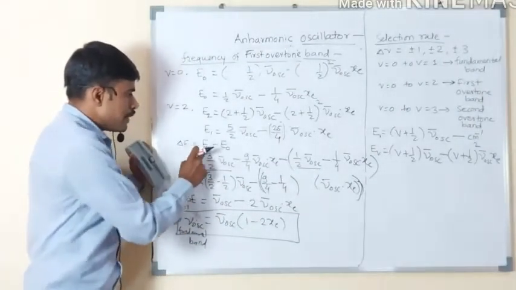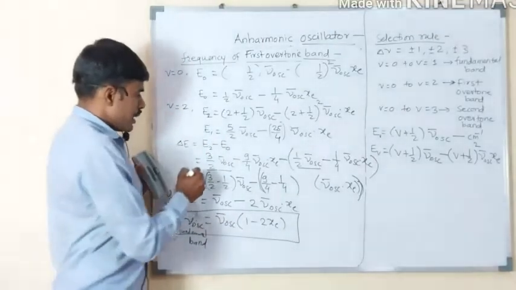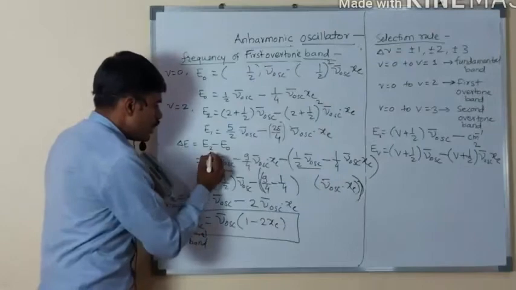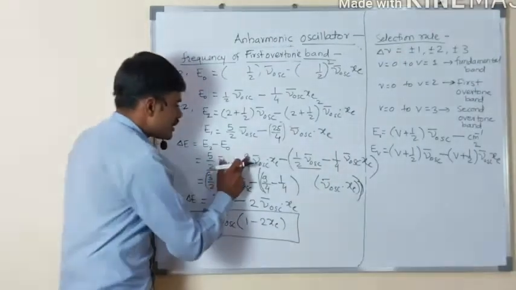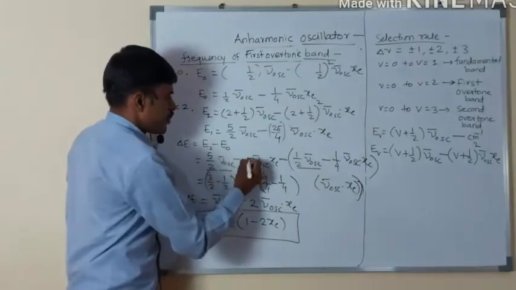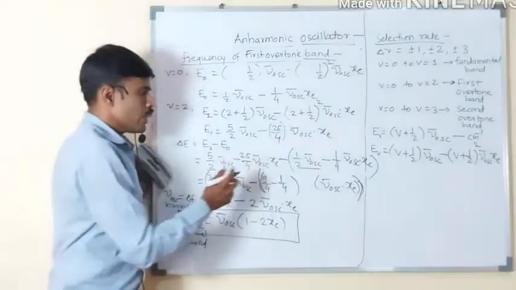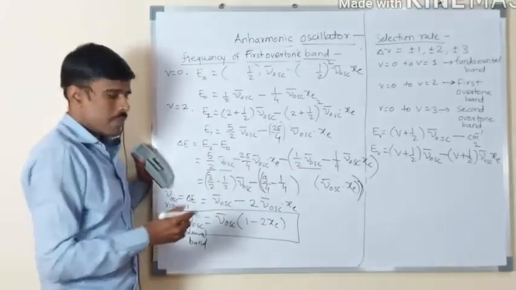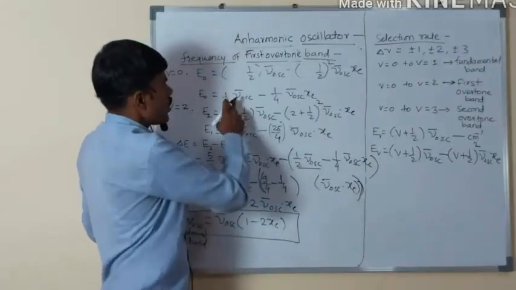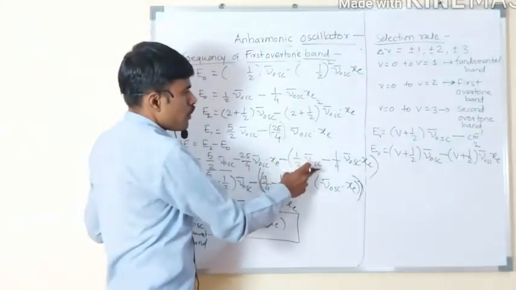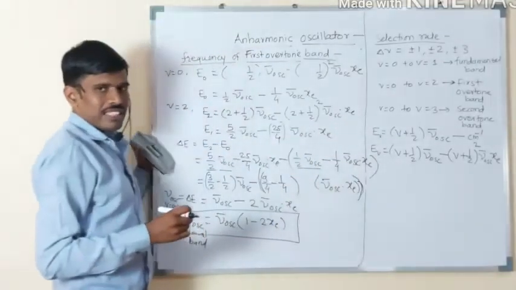After taking the difference between the two energy states, E2 minus E1 is equal to 5/2 ν̄ of oscillation minus 25/4 ν̄ of oscillation into Xc, minus 1/2 ν̄ of oscillation minus 1/4 ν̄ of oscillation into Xc.